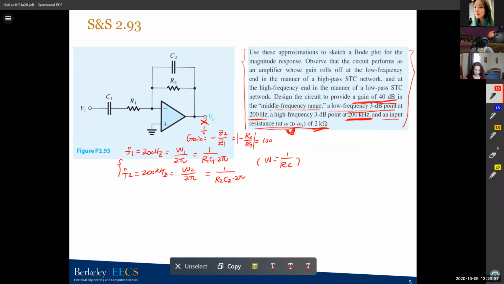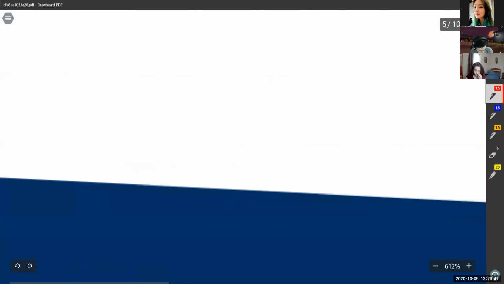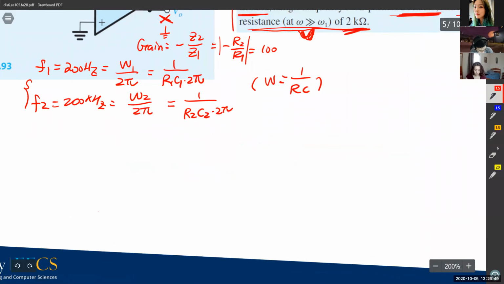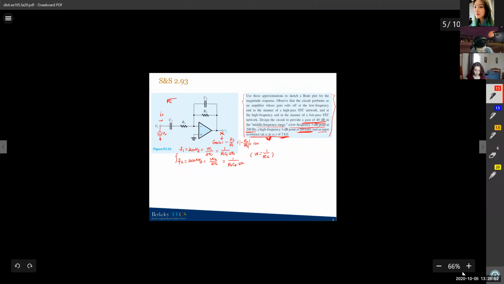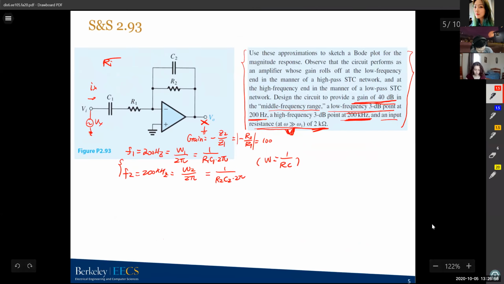Then we give a test voltage Vx at the input and want to find Ix. Then our Rin will just be Vx divided by Ix.